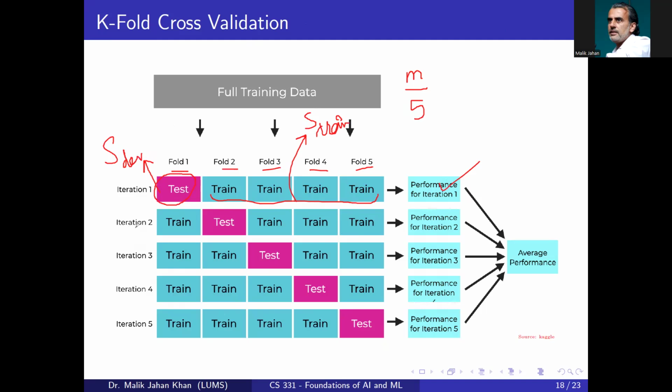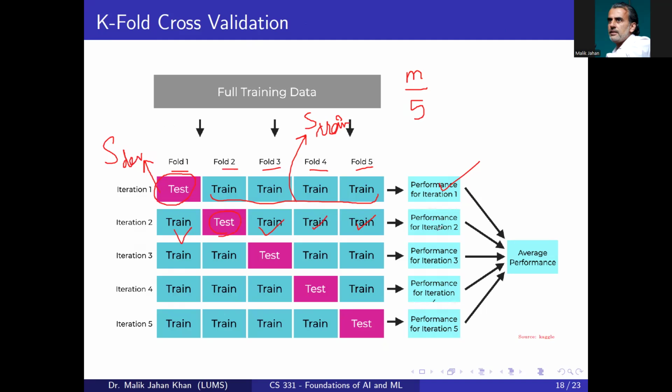Then we go for iteration 2, and the major change is that we bring the previous SDEV back into train. So the union of these four folds, the blue folds, becomes a part of strain, and we have one SDEV here. The second fold becomes SDEV.